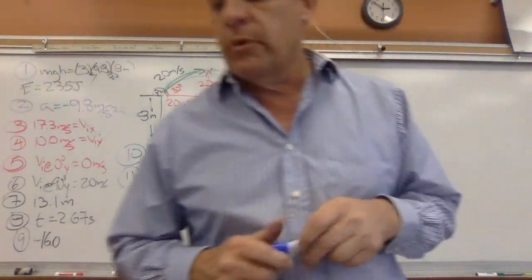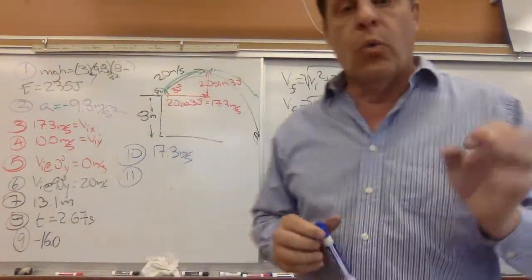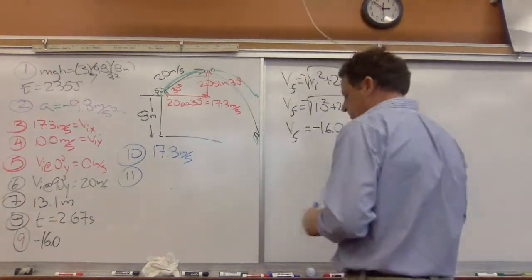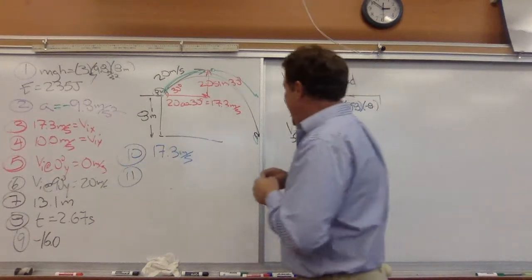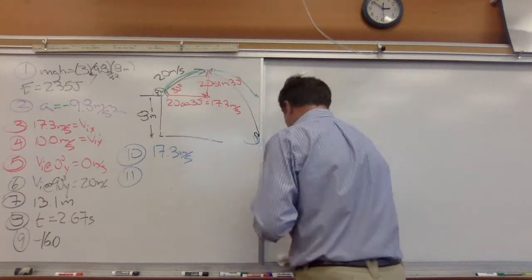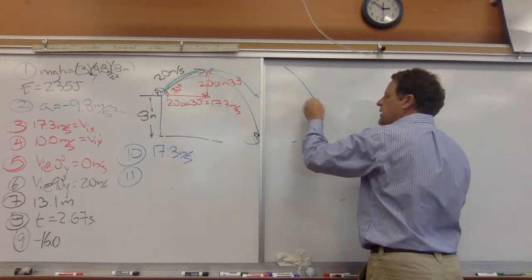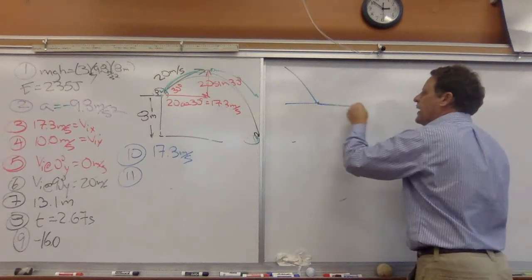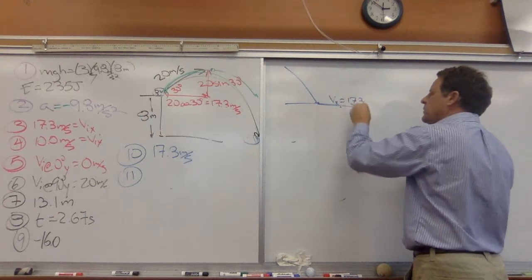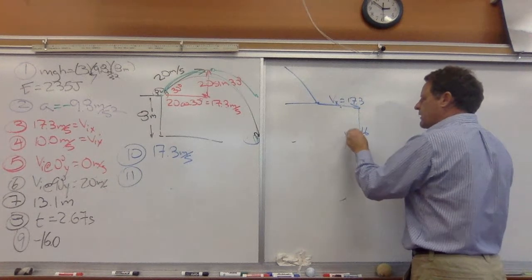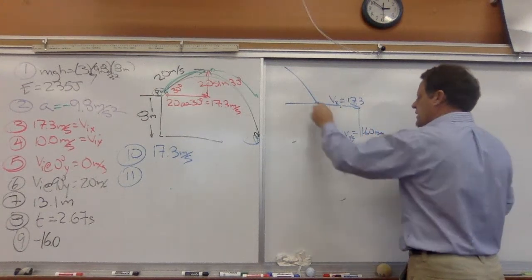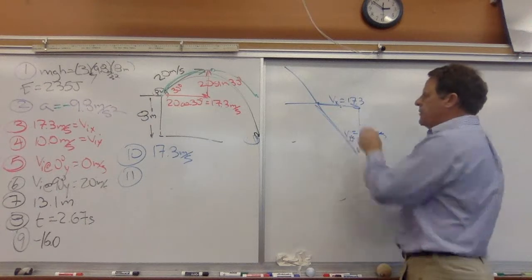Now we're going to do question number 11. What is the ball's overall magnitude when it hits the ground? So remember, if we look at this part right where it hits, I'm going to blow that up. As that ball comes down and hits the ground, we're going to have this velocity in the x direction, which is 17.3, and this velocity in the y direction of 16.0. And we want this hypotenuse.